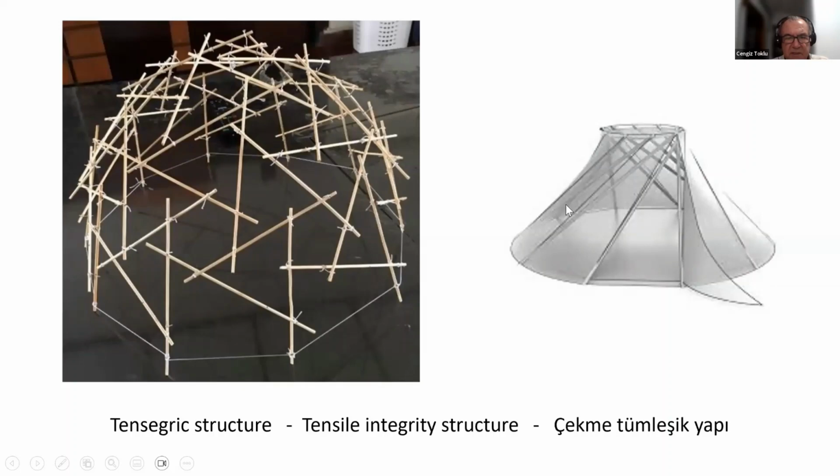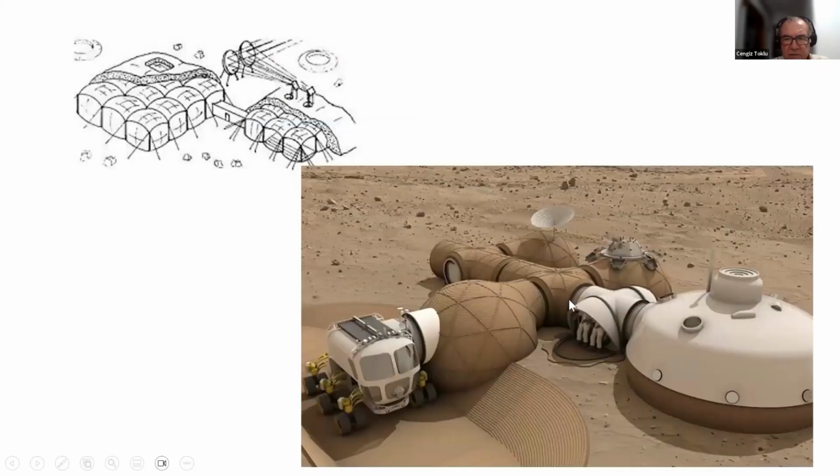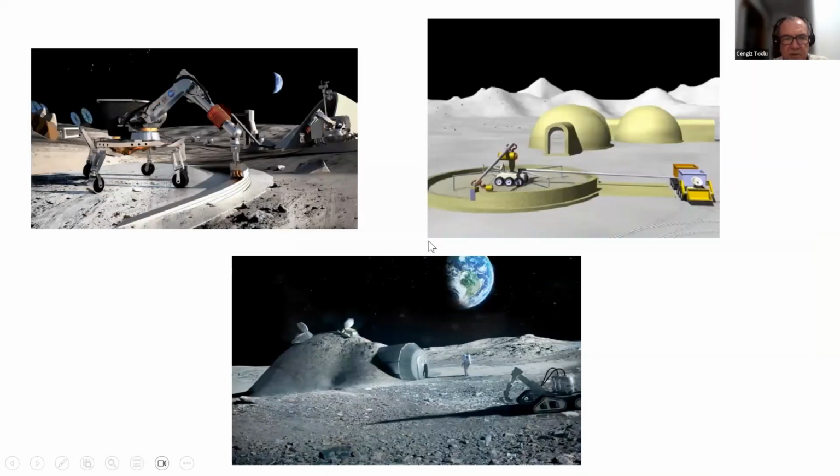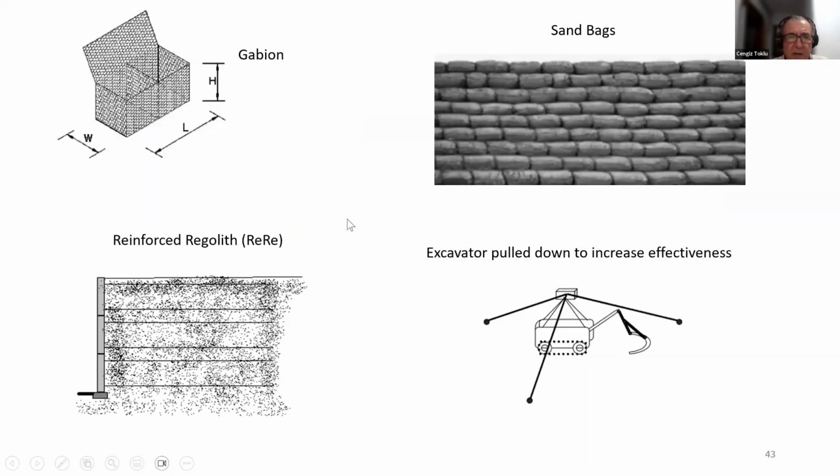For example, this is a tensegrity structure, which is made by bringing from Earth very small types of materials, just struts and cables. And this is the artist's view of spherical structures combined together with cylindrical tubes, etc.